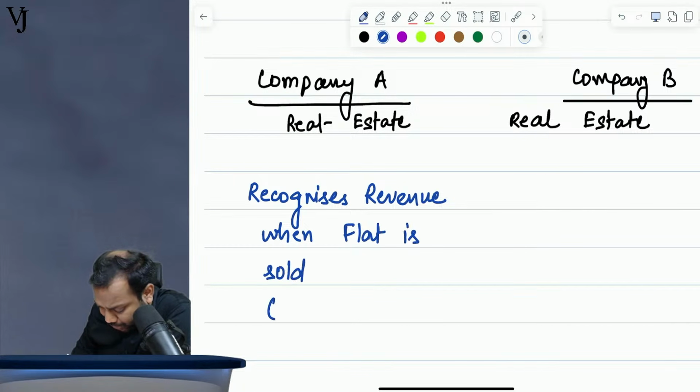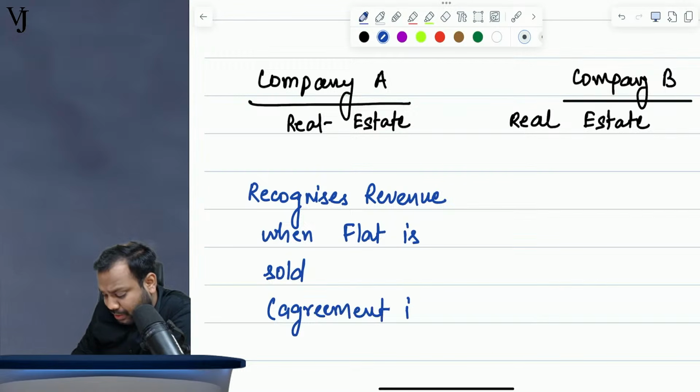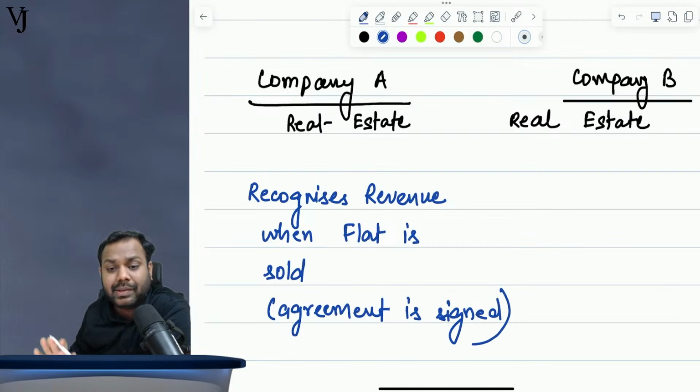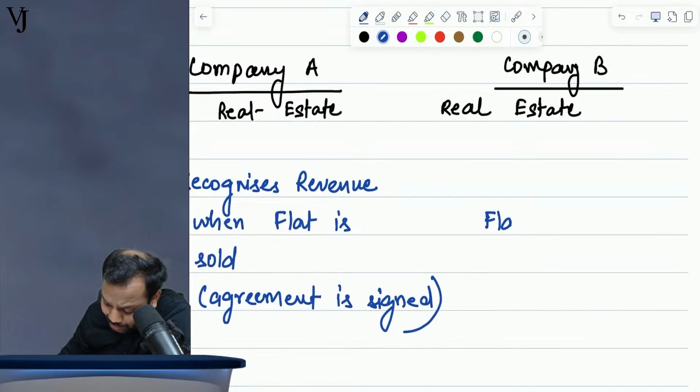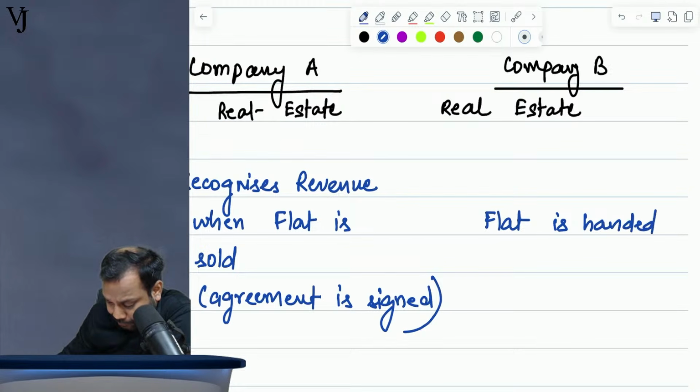That is, when the agreement is signed. Whenever the agreement is signed with the customer, company A recognizes the revenue at that point of time. But company B recognizes the revenue when the flat is handed over to the customer.